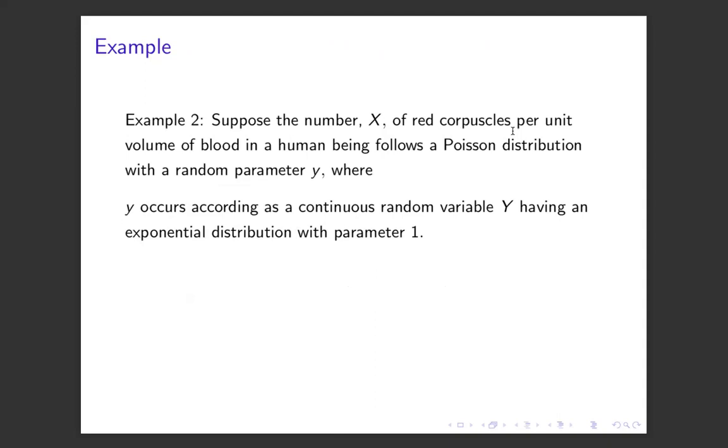The Poisson distribution is one of the distributions favored by nature, as you will soon see when we do the Poisson process. Any Poisson distribution has a positive real parameter. Let's say that Y is a continuous random variable having an exponential distribution with known parameter, let's say 1.